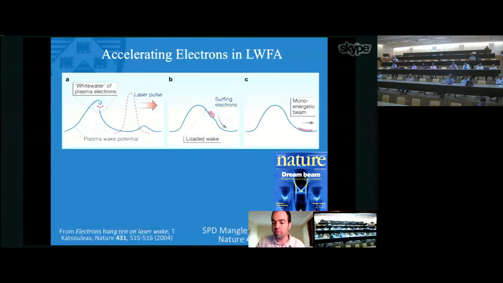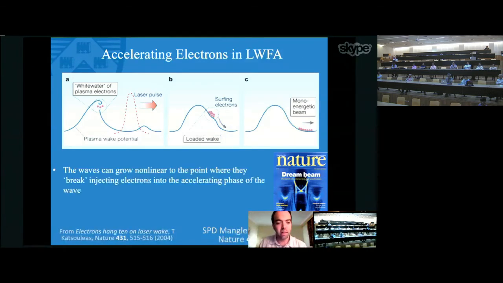And the point of this is to make it clear that you want to drive a wake field, you want to provide electrons into that wake field, probably by self-injection. And if you can grow the wake field slowly and inject carefully, then all the electrons see the same potential, and you end up with a monoenergetic electron beam at the end of your wake field accelerator.